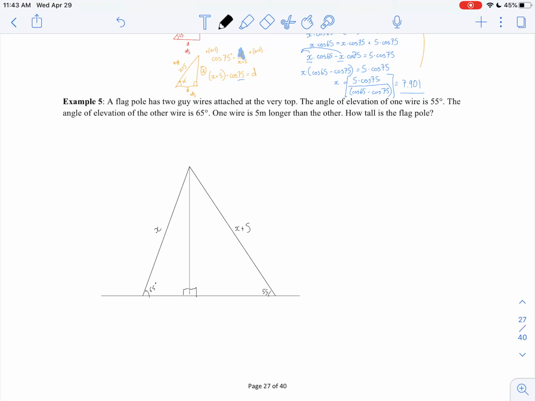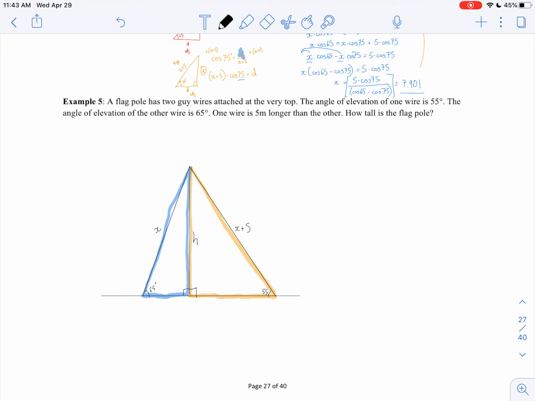I can highlight those for you there. So you're going to have to work with your blue triangle, and you're going to have to work with your orange triangle. You're going to have some unknowns in there. Your unknowns are going to be x, and let's call this h. They both share a common h. They both share a common x.